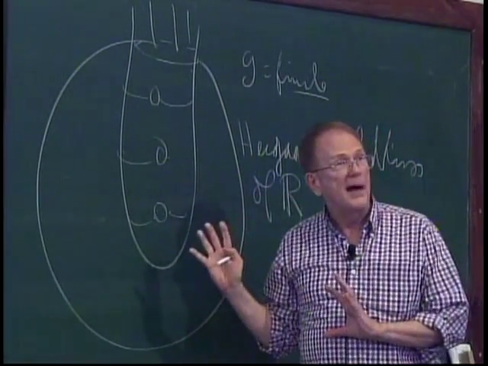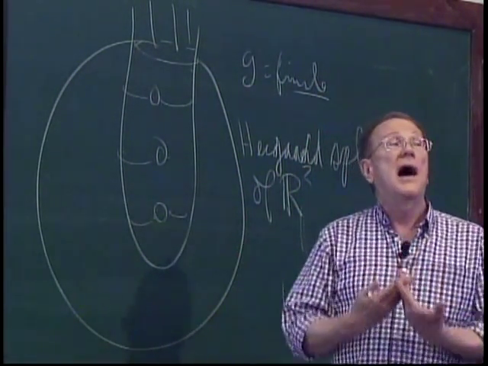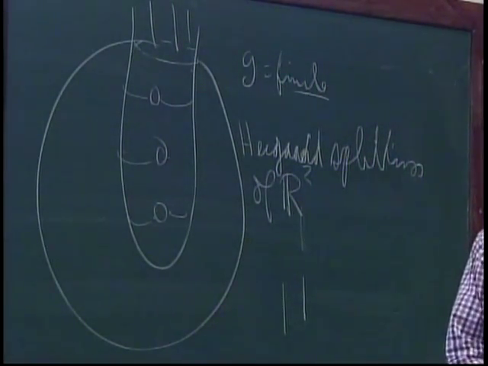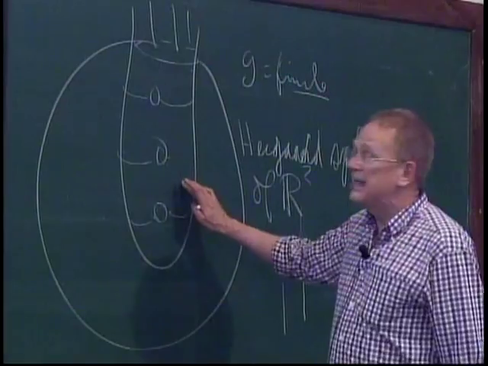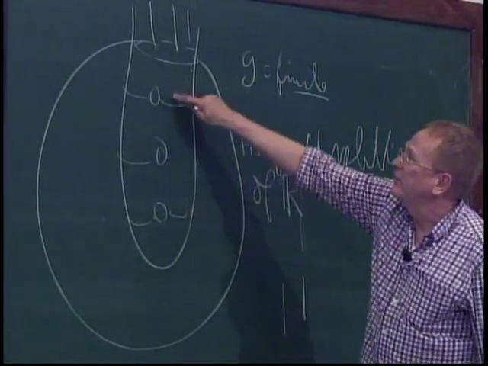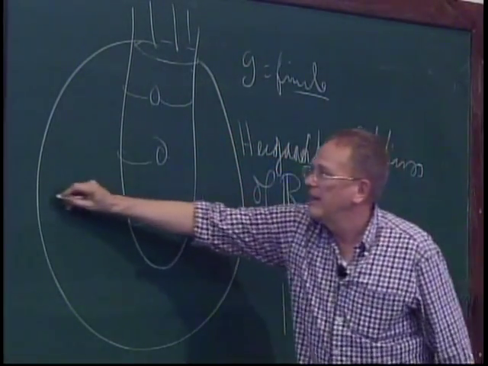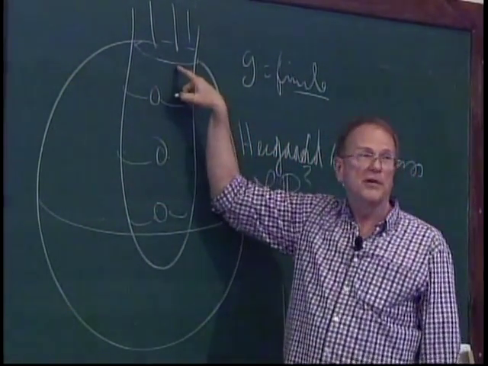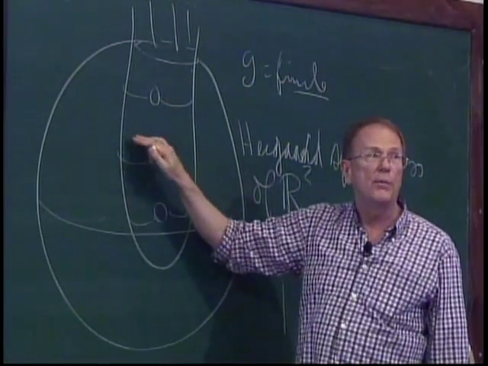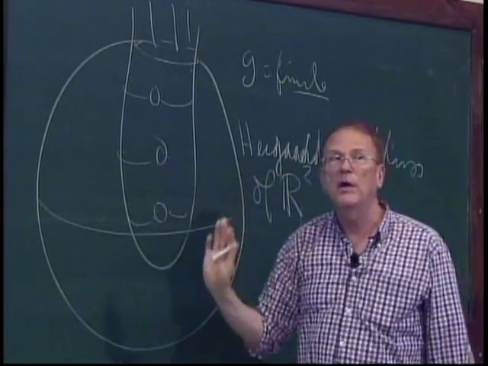So knowing handlebodies sometimes tells you how the surface is actually embedded globally inside the region. So this is the way you would embed a finite genus, say genus 3, surface inside a ball with one boundary curve. This is the only way to do it if you knew each side was an open handlebody. There's only one way to do it.